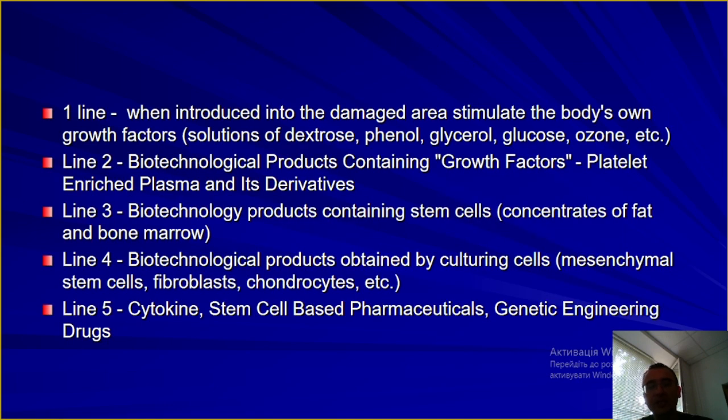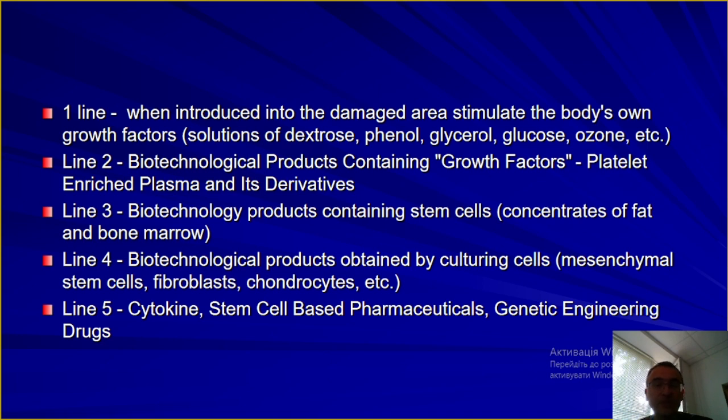The second line is derived from platelet plasma, acellular remedies where there are no cells but only isolated growth factors. We should use laboratory techniques to perform this treatment. Then we can use different products which contain stem cells.